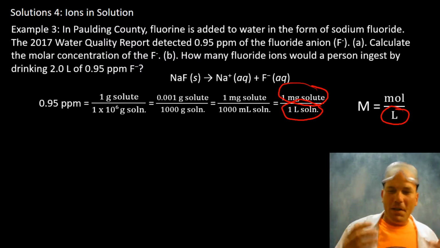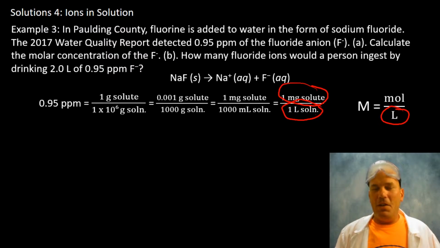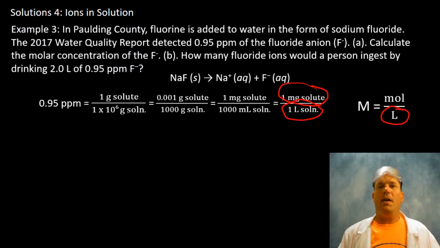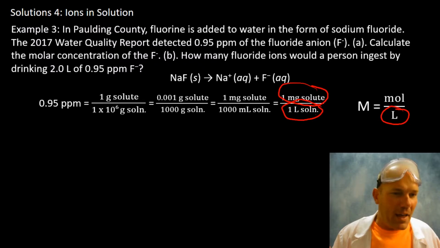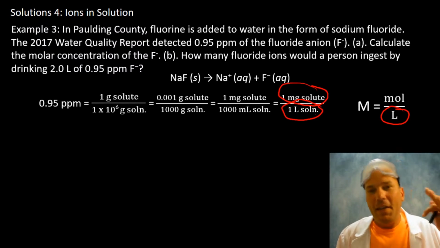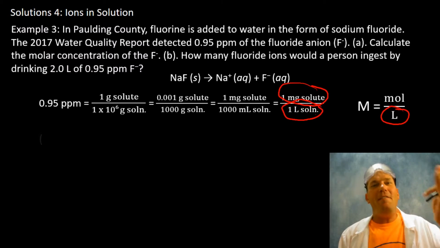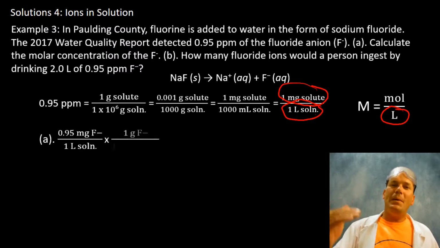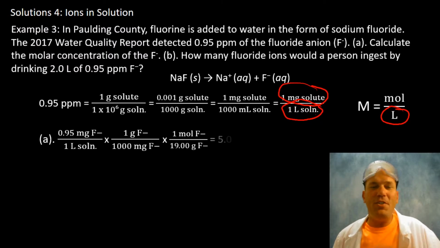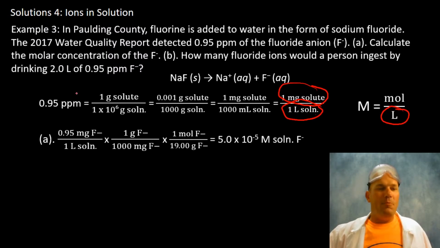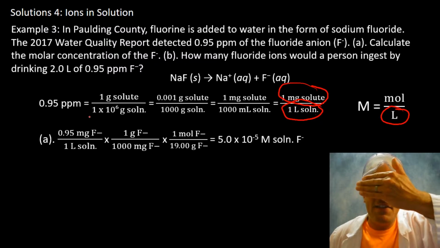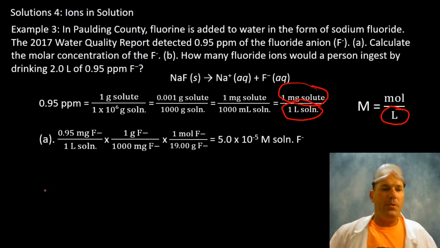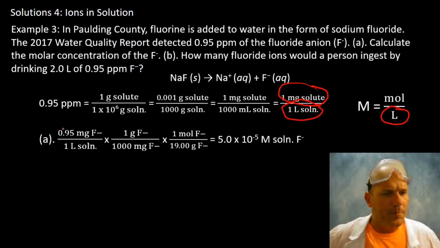So we're going to go ahead and get started with our dimensional analysis for part A. For that, we're going to start with this 0.95 parts per million, which is equal to 0.95 milligrams per liter. We've just shown that to be true. And then once we do that, we can let the stoichiometry guide us through the land of the mole here.